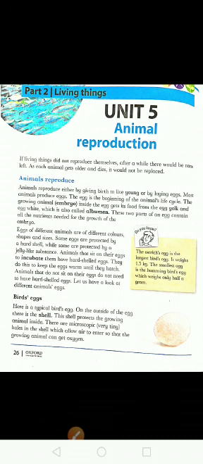The growing animal, meaning the embryo, inside the egg gets its food from the egg yolk and egg white, which is also called albumin. These two parts of an egg contain all the nutrients needed for the growth of the embryo.